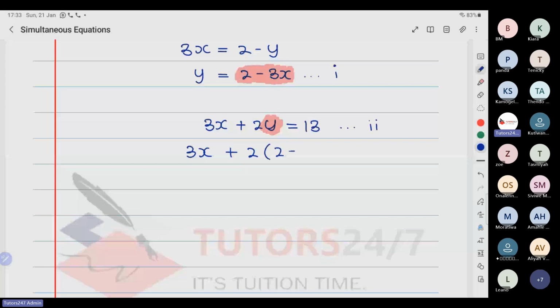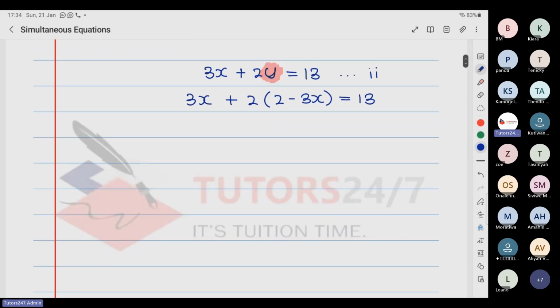So we know that y is 2 minus 3x, and that is equal to 13. As you can see, the second equation was left as is. Nothing was changed except for y. All we did was substitute into that y position.